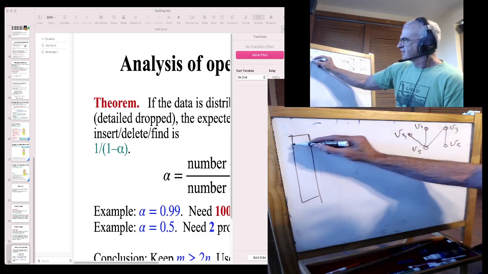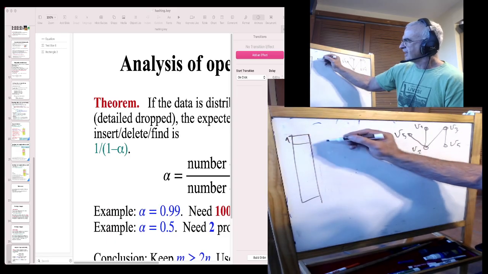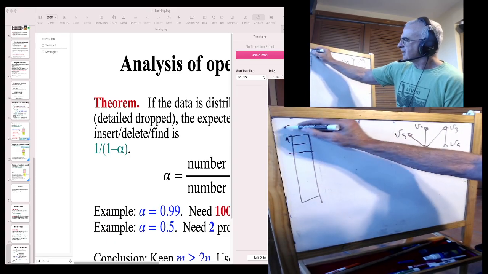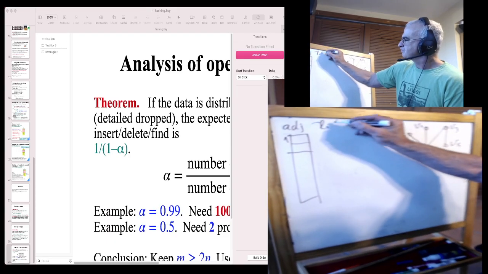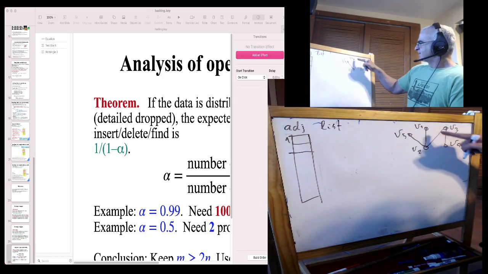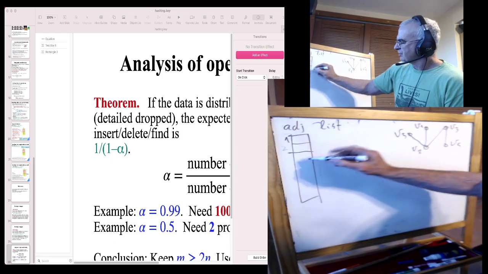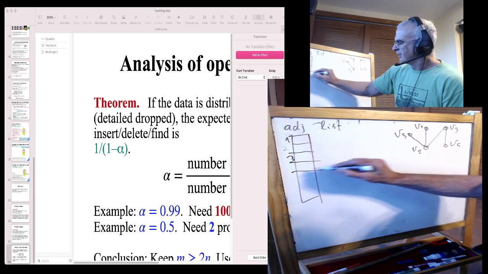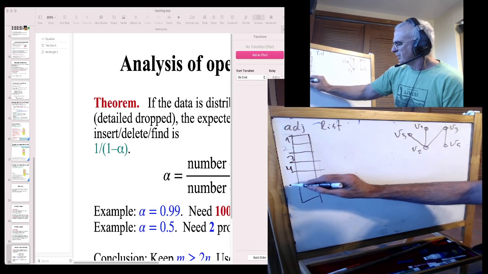Then in the adjacency list, I have an entry for vertex 1, an entry for vertex 2, 3, 4, and 5.